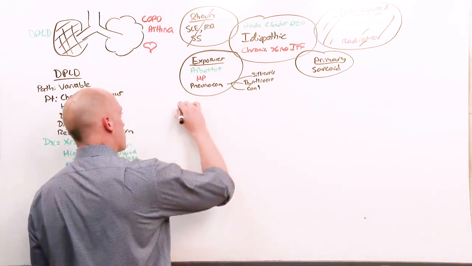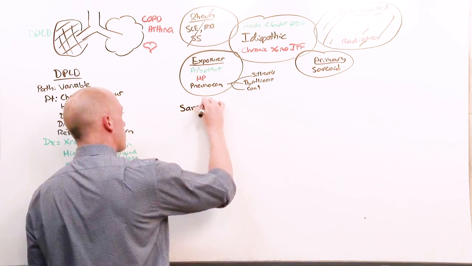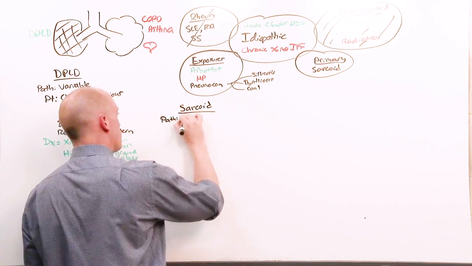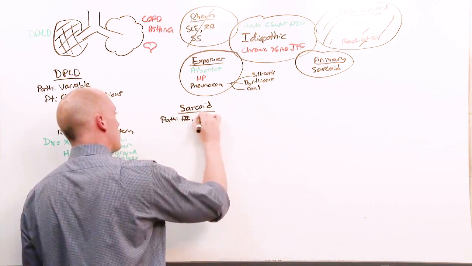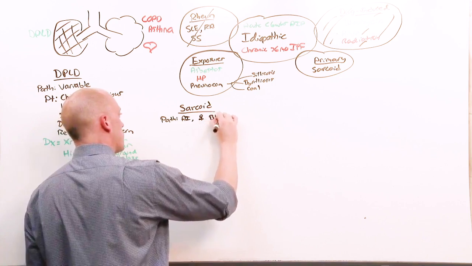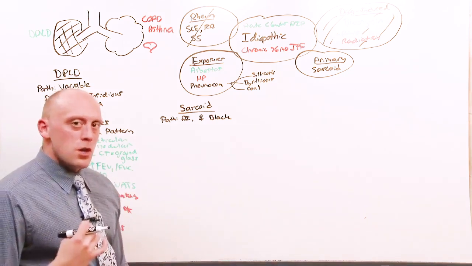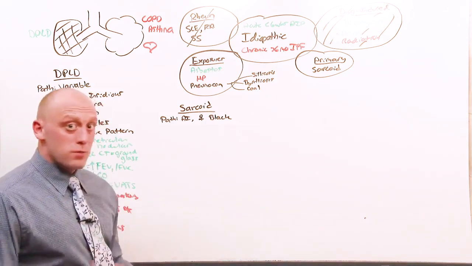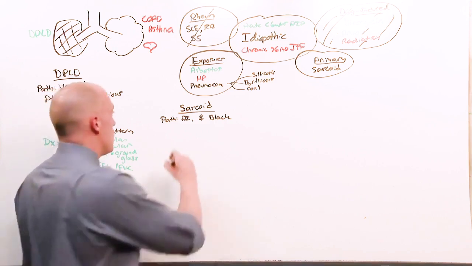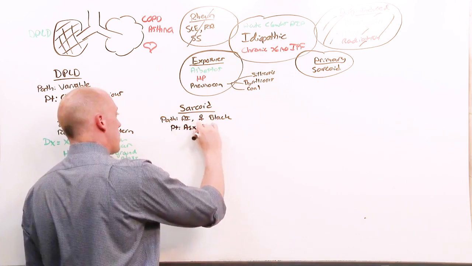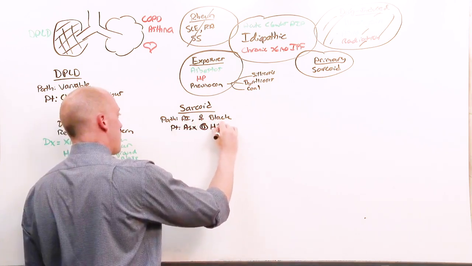The first one being sarcoid. Sarcoid is an autoimmune disease, and it primarily affects women who are black. Non-white, but mostly black. In sarcoid, you can have a very variable presentation. Sarcoid can be simply asymptomatic bilateral hilar lymphadenopathy.